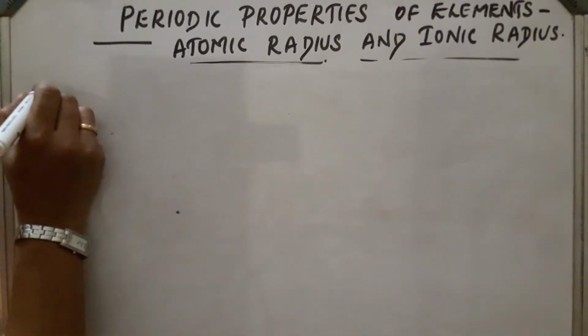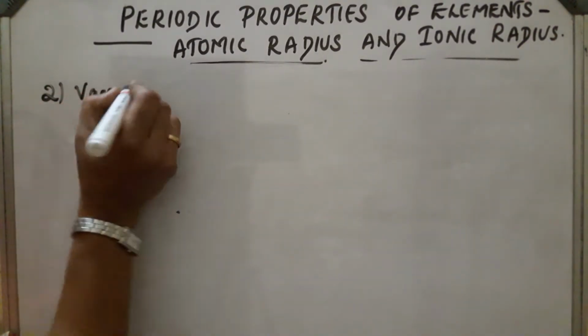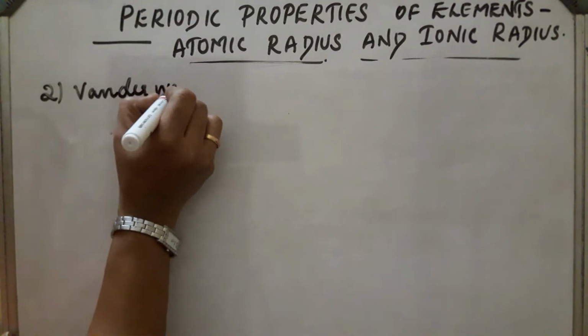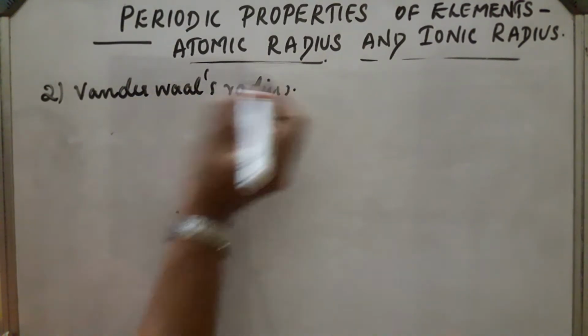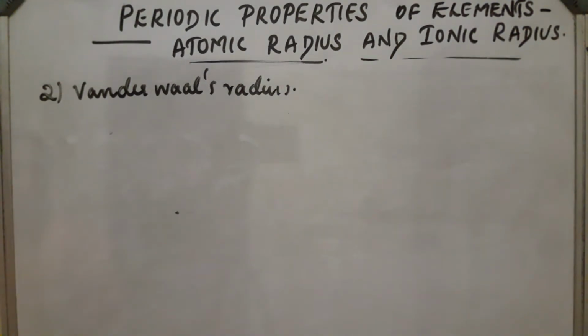Second one, van der Waals radius. Van der Waals radius is one half of the internuclear distance between two non-bonded atoms of adjacent molecules of the element in the solid state.